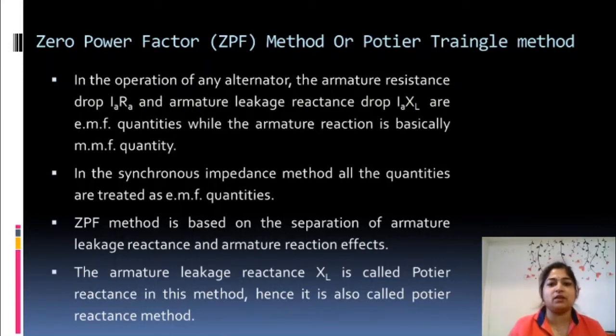In the ZPF method, drops because of EMF quantities, that is IARA and IAXL, are separated from the MMF drop, that is the armature reaction drop. Hence, the leakage reactance so obtained is also called Pottier reactance, and this method is also called the Pottier reactance method.